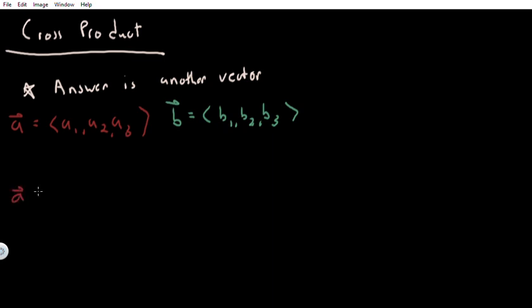So A crossed with B, this is the notation, is equal to, if I write a matrix here and I put i hat, j hat, and k hat in the top row, and then I write vector A's components in the second row, A1, A2, A3, and then vector B's in the next one, B1, B2, B3.